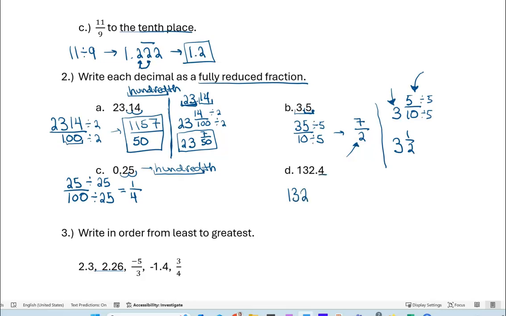This is one place to the right of the decimal, so I know my denominator has to be 10. Then I put the 4 in the numerator. I can reduce that fraction by 2 because they're both even numbers. Now I rewrite the whole number, and then I write what my new fraction is. And that is my final answer.